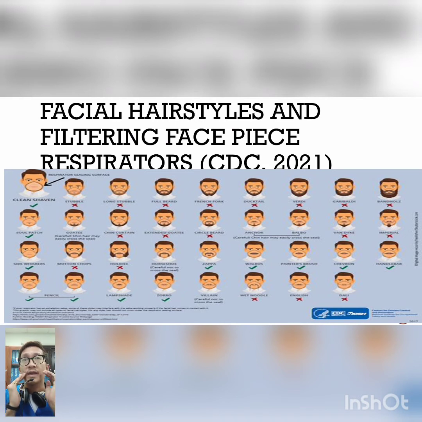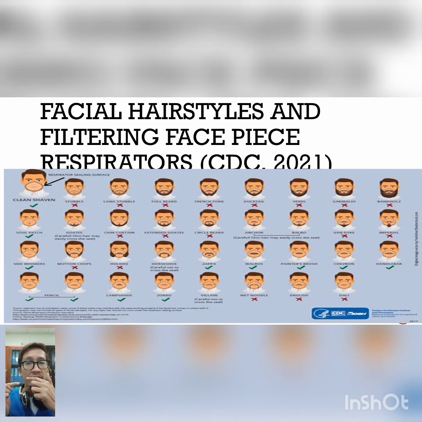In addition, wearers must be clean shaven to get a proper fit with a respirator. As you can see on the slide, those that are checked are healthcare workers who have facial hair that could probably undergo fit testing as long as the facial hair will not interfere in the wearing of the N95 mask.